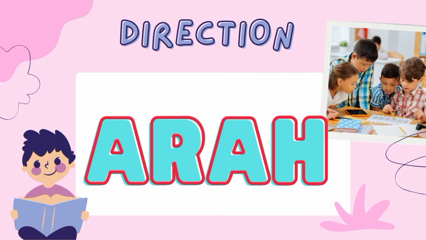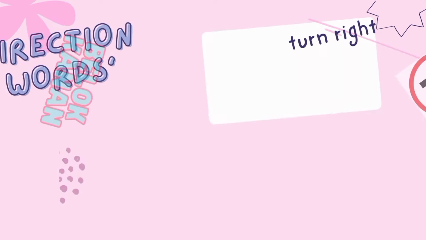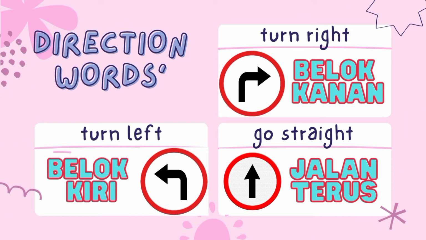Direction means arah. So let's take a look at the words related to direction. The first one is turn right. It means belok kanan. Second word is turn left. It means belok kiri.